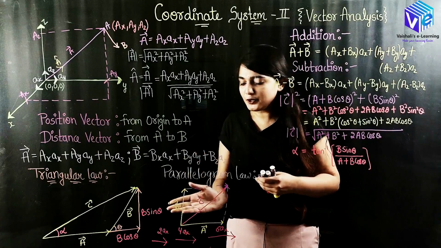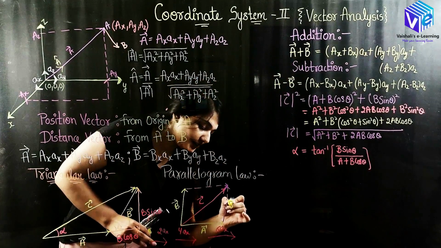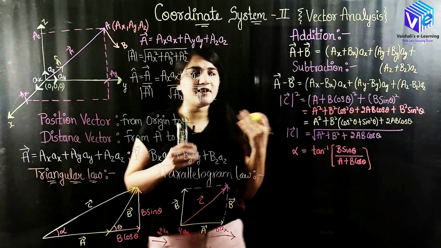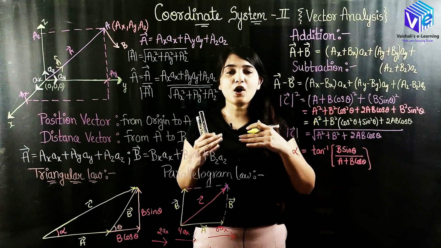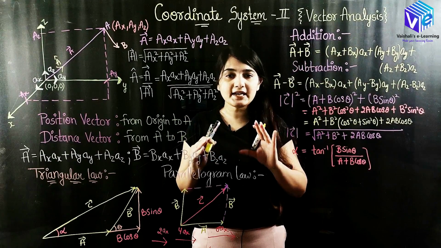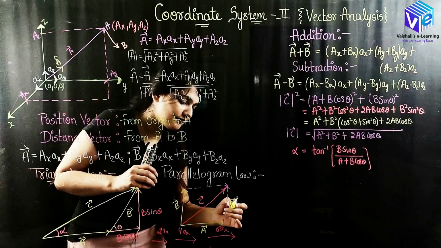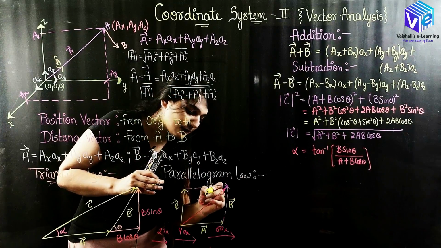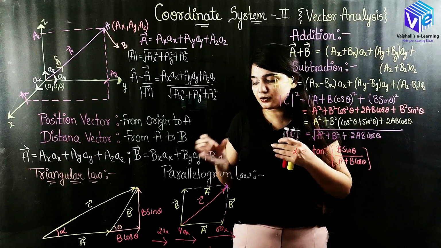Or what I can do, I can shift A vector also. So this vector is the B vector. If I shift any vector in space, the lateral shifting or the collinear shifting is not resulting into any type of change in the vector. So if I have this vector to be B, this vector would be A, because this shifting would not be causing any difference to this vector.